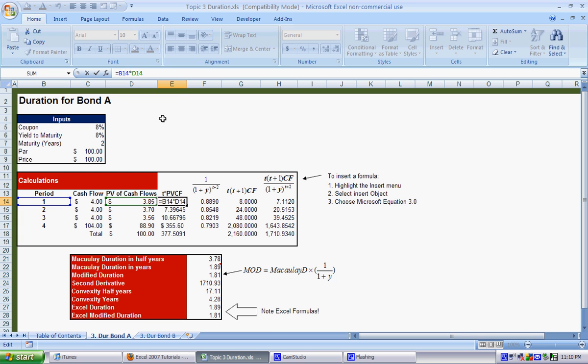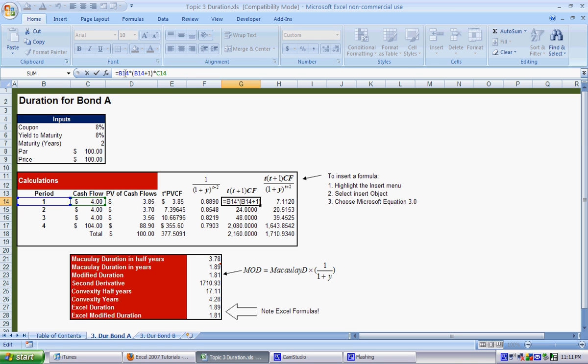So we have T times the present value of the cash flow, and then another summation of all those down there. And then here you have 1 over 1 plus the yield to maturity divided by 2 raised to the period plus 2 power.